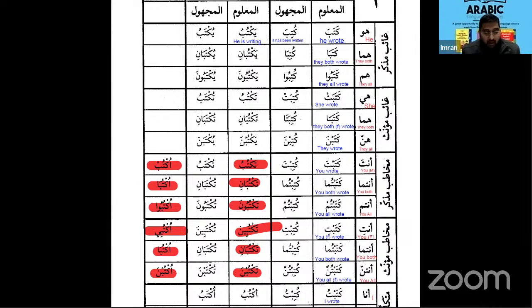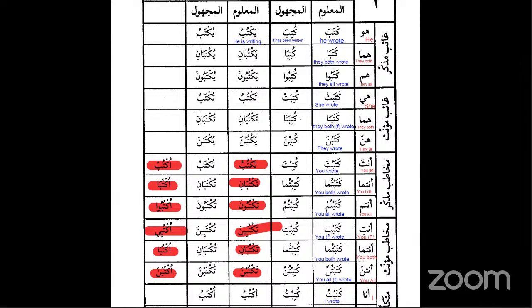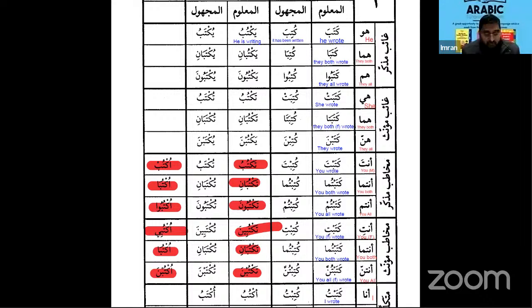And if the object is feminine, then the passive verb will be feminine. Is that clear?